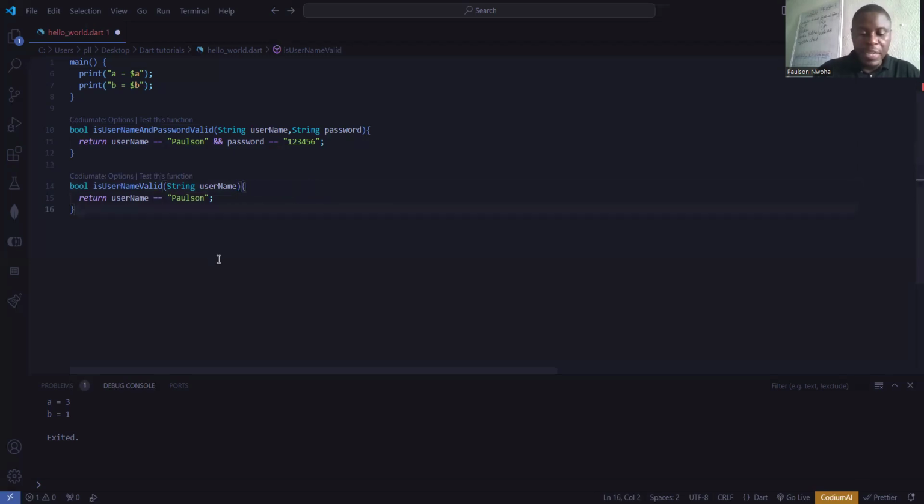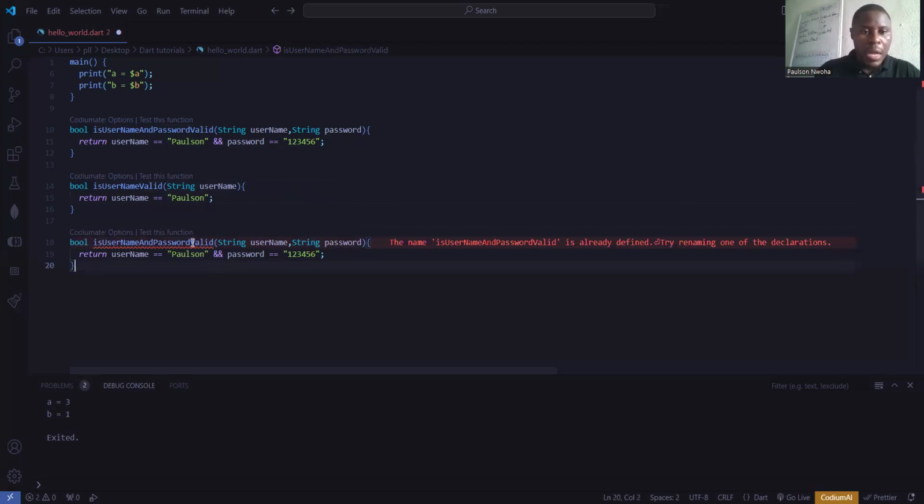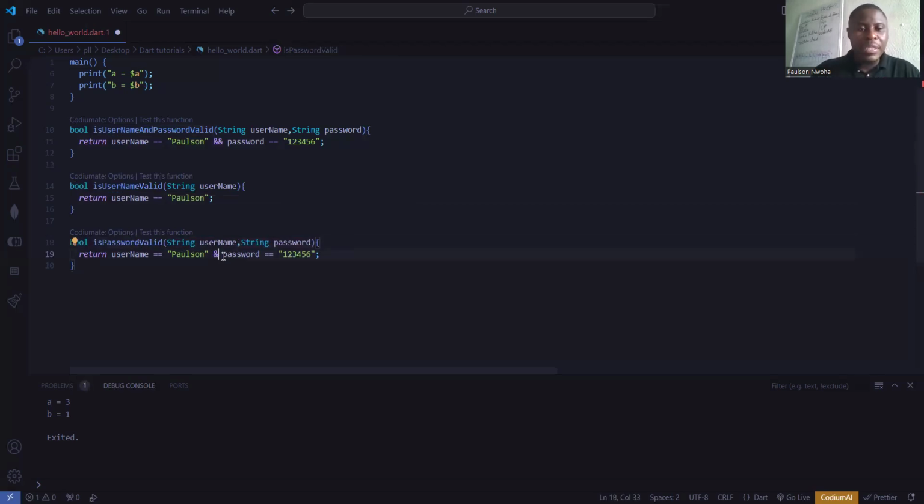You can break it down into two functions, and the second one will be isPasswordValid. So you're only checking for one thing at a time. This function does one thing, not two things.